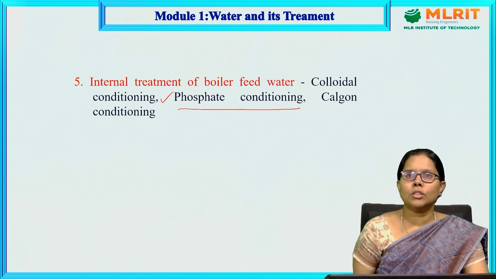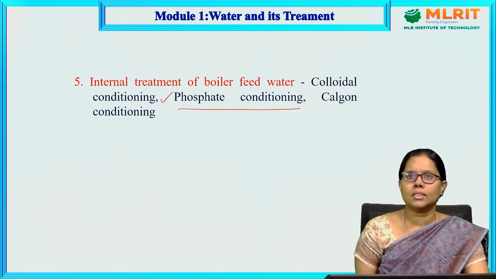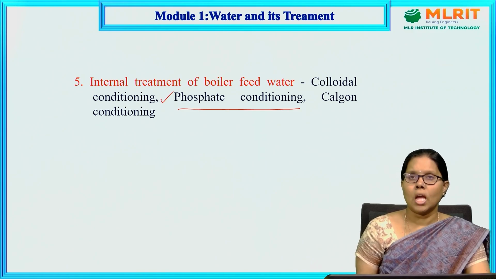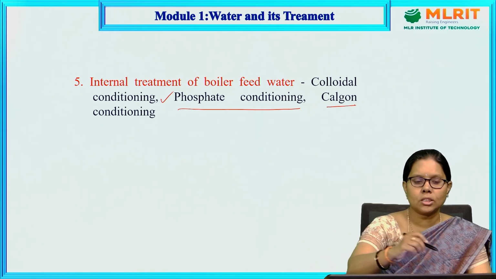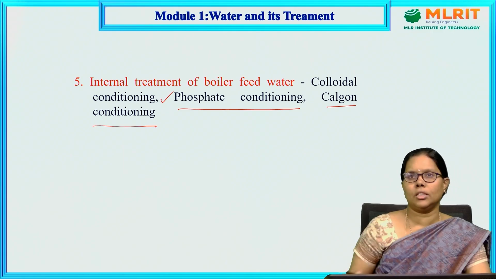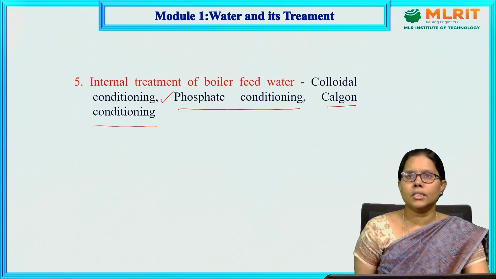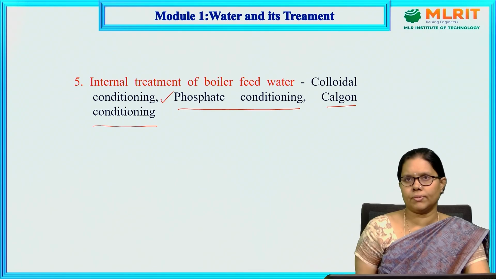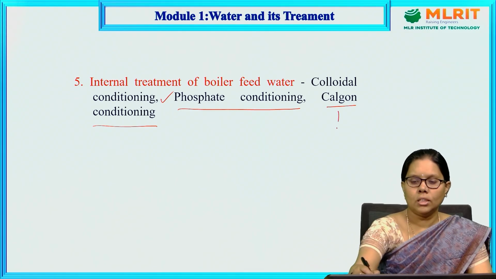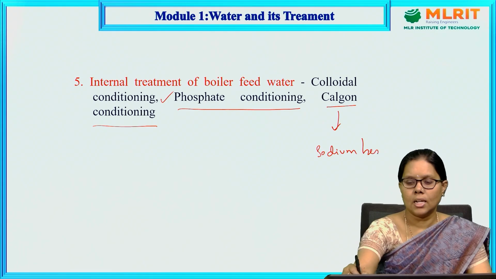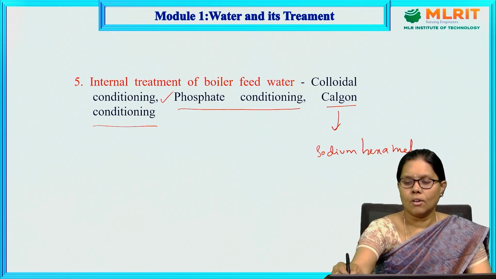We use sodium phosphate to remove the scales and sludges in the boiler. And the other method is called Calgon conditioning. Calgon conditioning is a method to remove both scales and sludges in the boilers by using sodium hexametaphosphate.